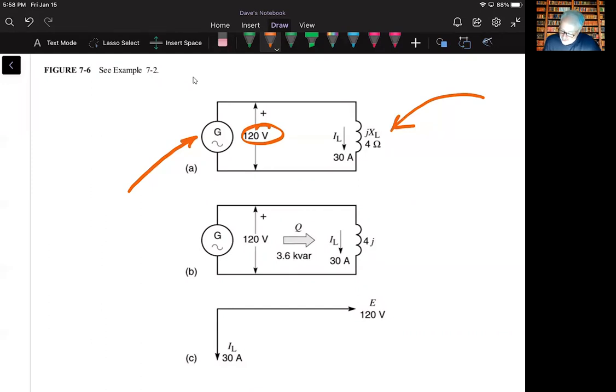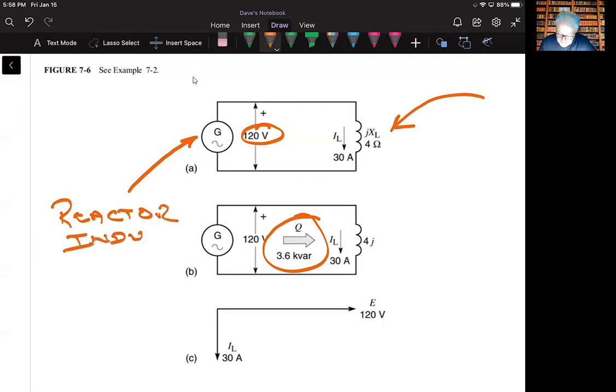We can also know now that this is reactive power and it's represented by this letter Q. And so by definition, a reactor or inductor, as we've always thought of it, I'm going to write that down. Reactor is an inductor, it's the same thing, but the reactor is considered to be a reactive load.